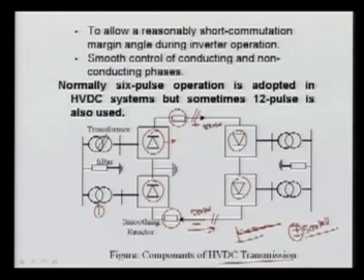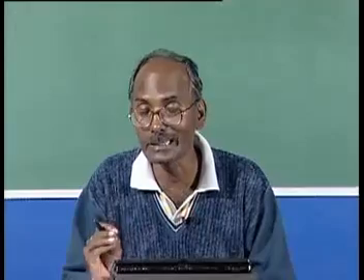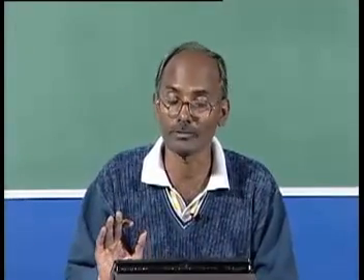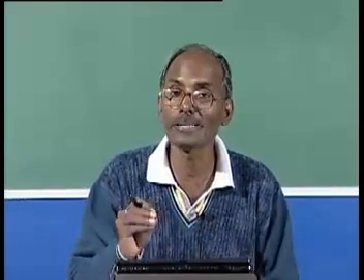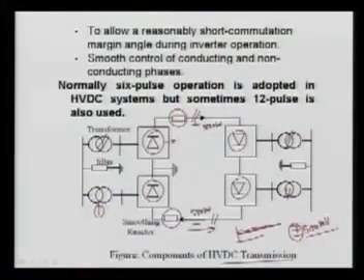These are the transformers, called converter transformers, because their design is different from a normal conventional transformer. This transformer is highly stressed because DC current is flowing. Sometimes these windings are highly stressed, so saturation may take place. We also use filters to filter out the harmonics, because these converters will inject harmonics into the system.